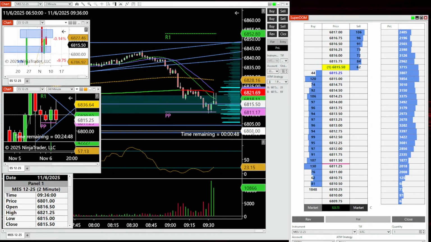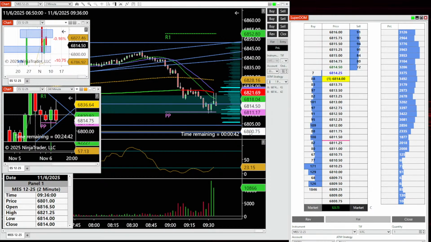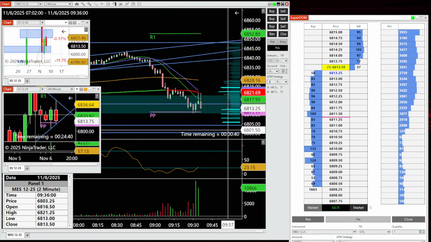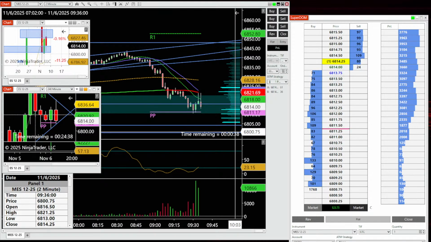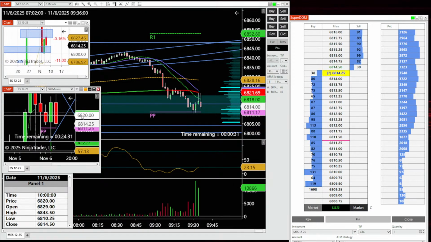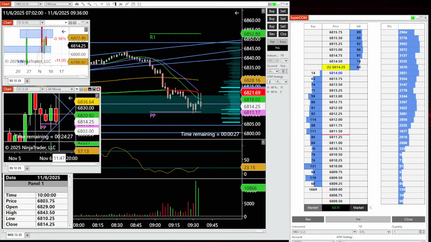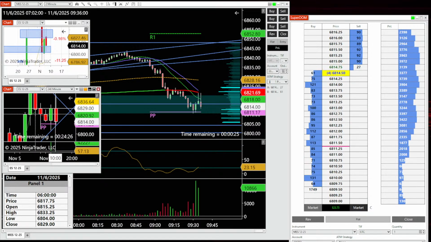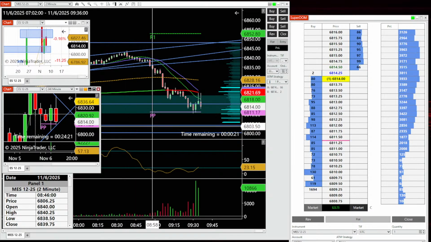Keep testing the 15, crack a hole. We may want to see the previous low, the overnight low of 04.